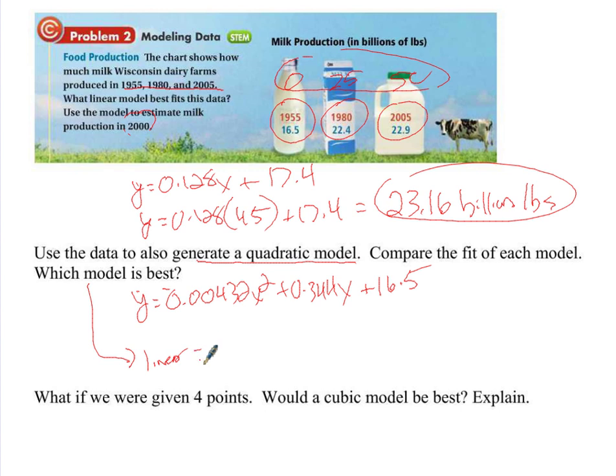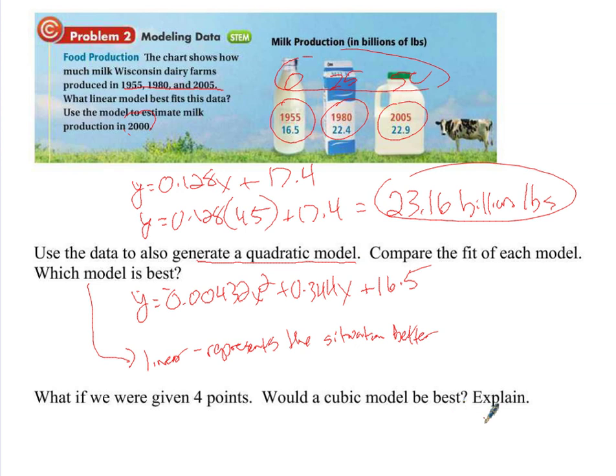Because it represents the situation better. It's more realistic. Within the data, maybe the quadratic is better than the linear. But outside of the data, that quadratic starts to show that we have a decrease in milk production, which doesn't make sense to us logically. So that's why the quadratic model is not as good.